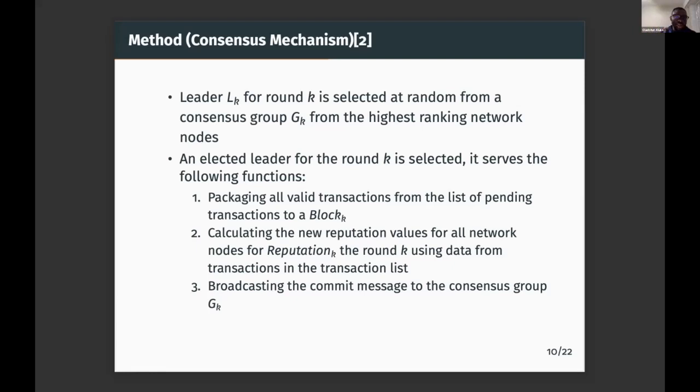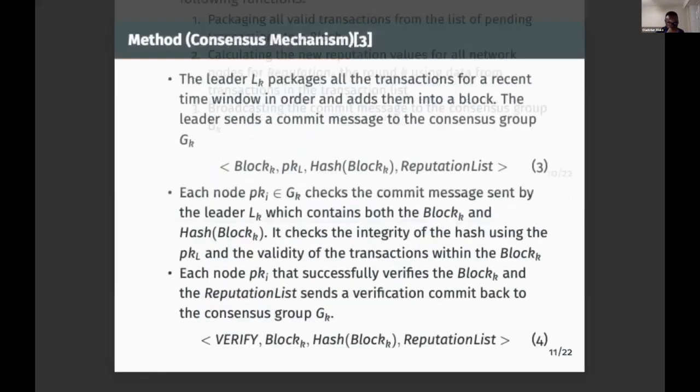This block is going to serve as the proposed block, which has not been appended to the chain yet. And then the second function of the leader is to calculate the new reputation values for all network nodes for the current round k, using the data from transactions in the transaction list. And then finally, it's going to broadcast the commit message to the consensus group.